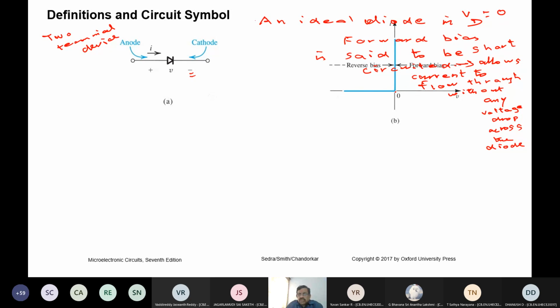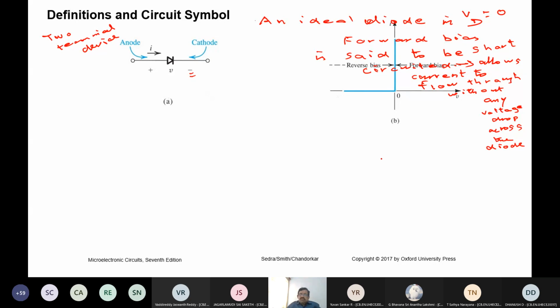What I am trying to say here is that earlier it was the applied voltage, so don't get confused. What I want you to understand is that this is the voltage drop across the diode when the diode is under forward condition.